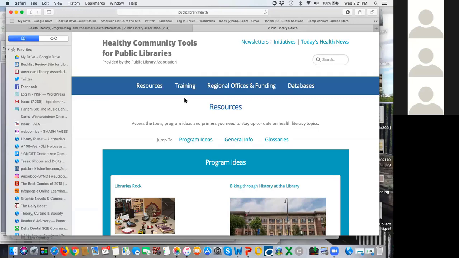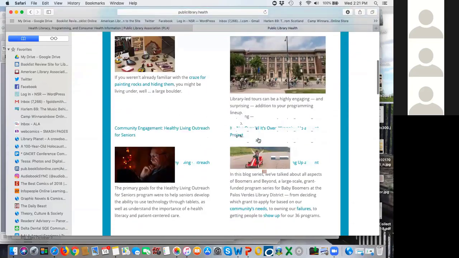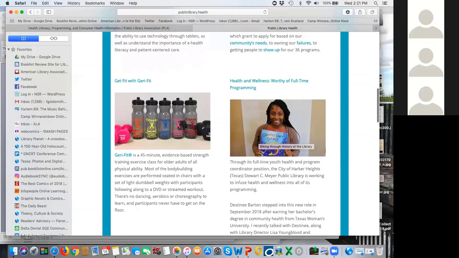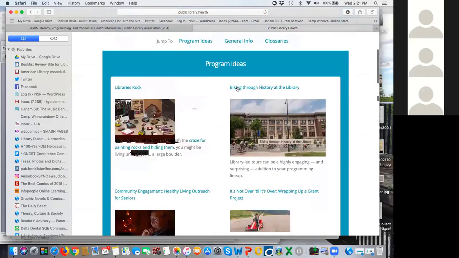The Public Library Association, working in conjunction with the Medical Library Association, has developed the Healthy Communities, Healthy Community Tools for Public Libraries kit. It has a large range of resources. When you get the PowerPoint that I'm showing today, you'll have the URL for this, so don't worry about it.